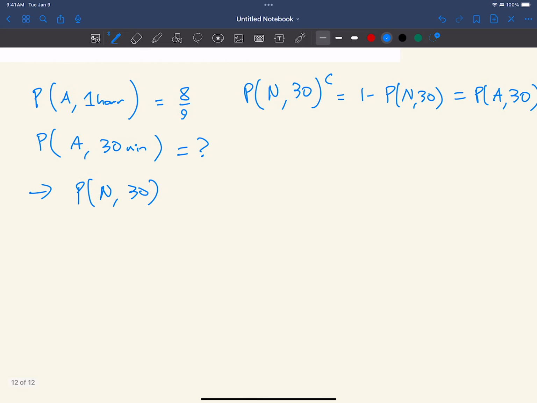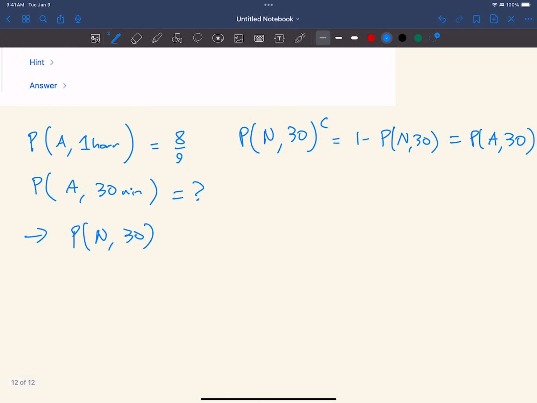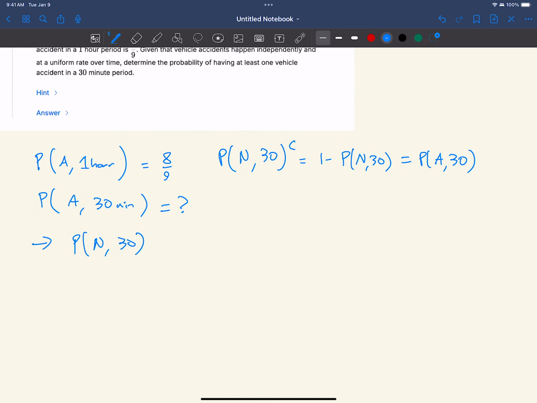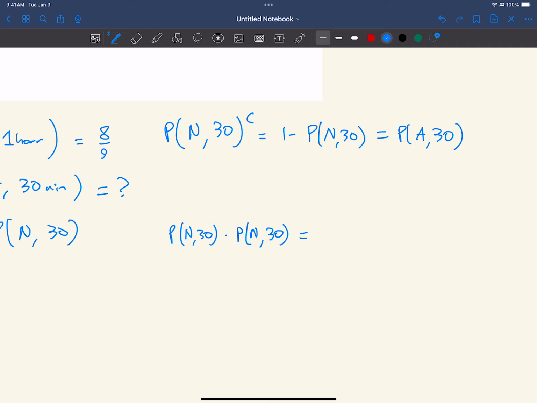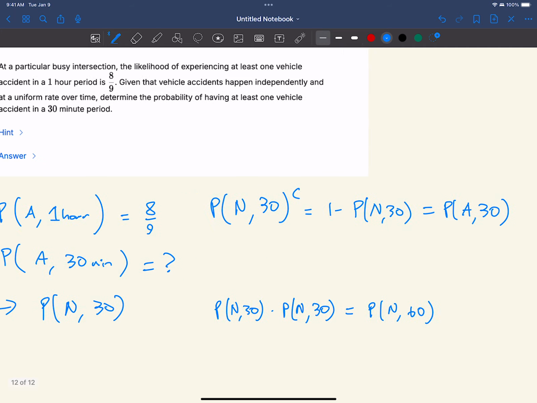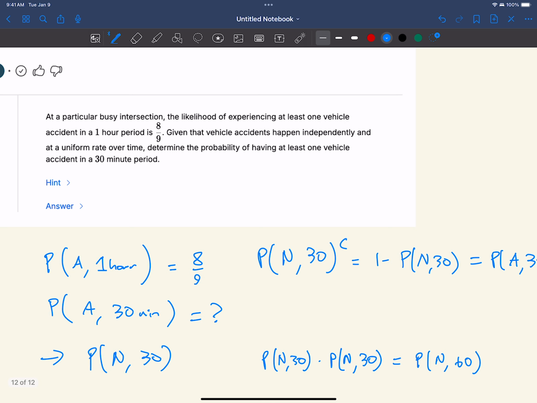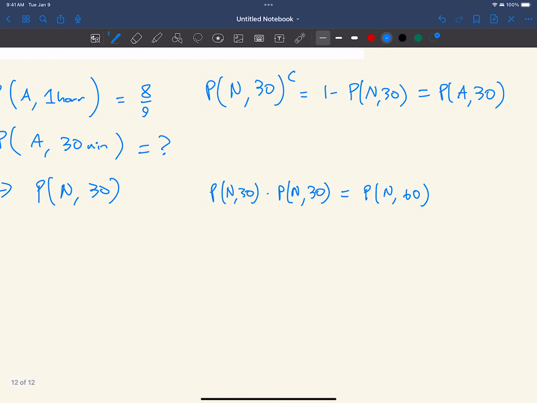And so the most important part of the problem is recognizing that the probability of not having an accident over the first 30 minutes times the probability of not having an accident over the last 30 minutes gives you the probability of not having an accident in 60 minutes. Because as stated in the problem, vehicle accidents happen independently and at a uniform rate over time.